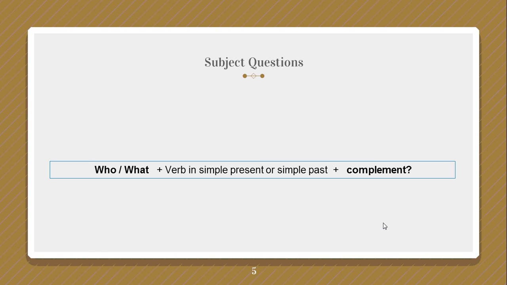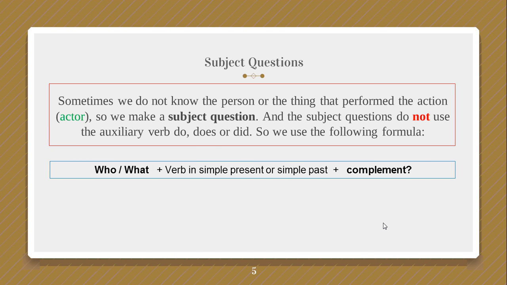Let's continue. What are subject questions? Sometimes we don't know the person or the thing that is performing the action. We don't know the actor, so we make a subject question. For these questions, we do not use an auxiliary verb like do, does, or did.